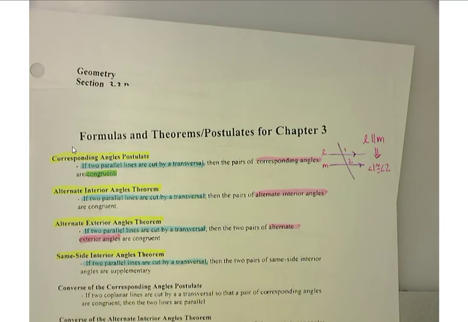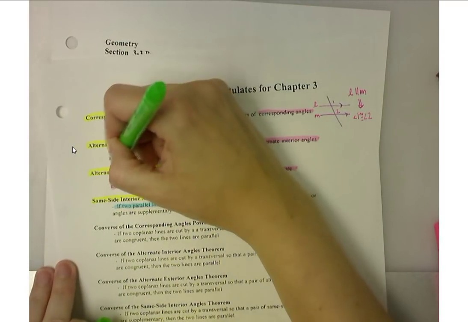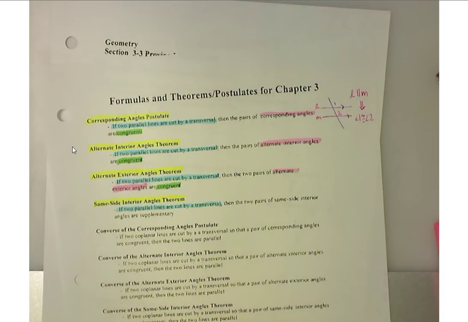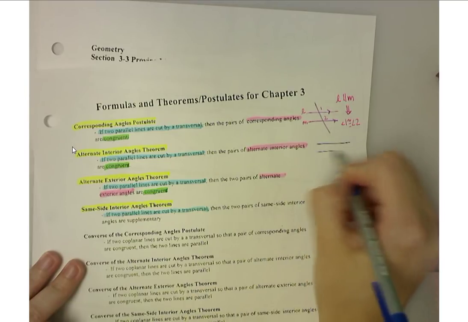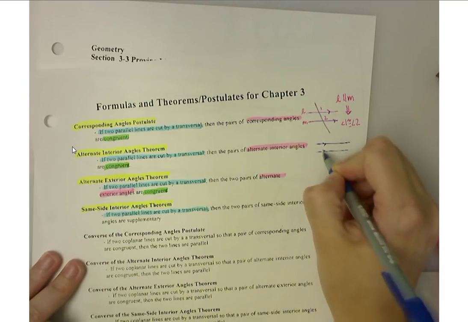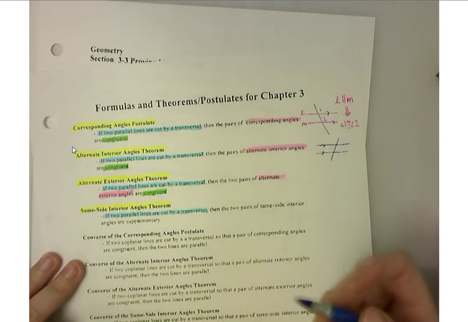Okay, so I want you to think about how you're going to enhance the pictures that you drew for bell work today. For the alternate interior angles theorem, again, we have two parallel lines, so let's mark those. You can mark yours if you haven't already. Then we just have to put these in the correct place.